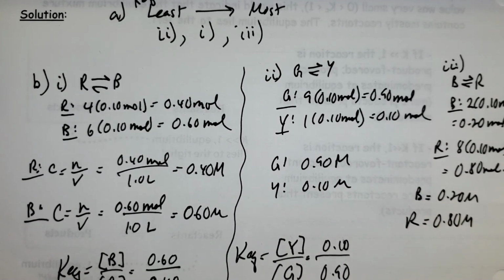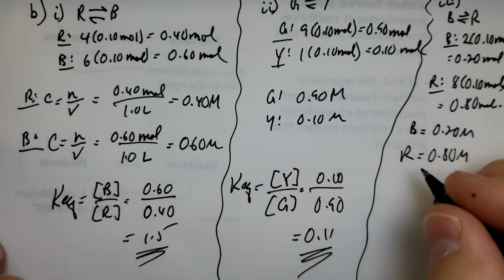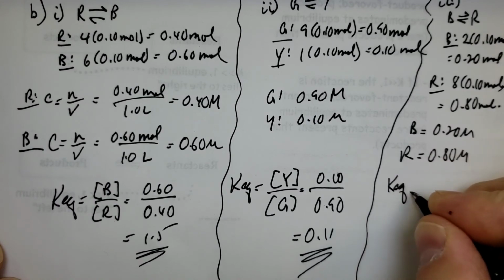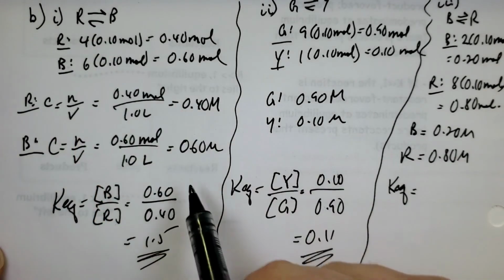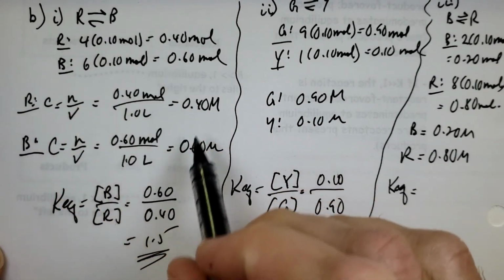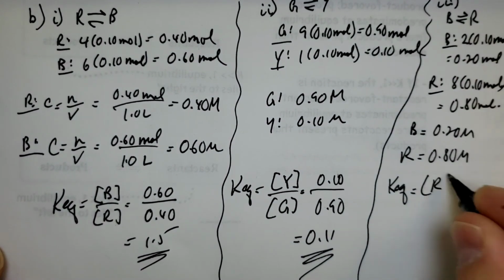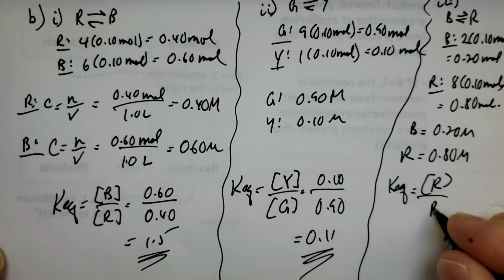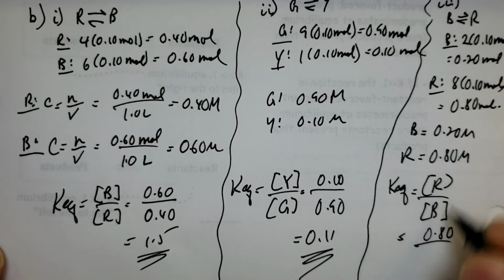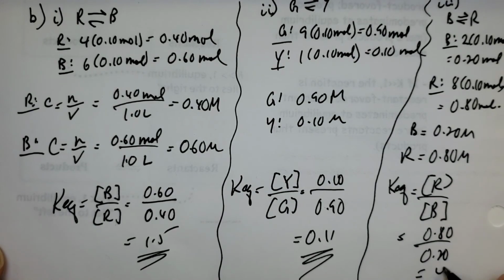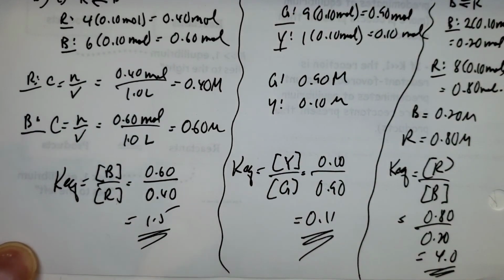So that gives me a Keq value of that. And then the last one here, whoops, should have moved up my paper here. So 0.1 over 0.9. Product B 0.6 over reactant 0.4, so you can see how that works. So product is red over reactant is blue. Red is 0.8. Reactant is 0.2. So 4.0. All right, so that's how you figure out the equilibrium constant.